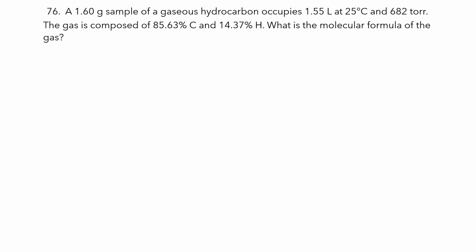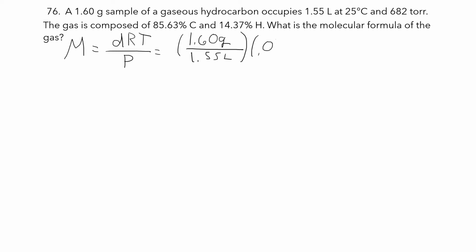So first thing, let's do the ideal gas law part of this, which told us that the molar mass is equal to the density times R times T over P. And the density of this gas is going to be 1.60 grams divided by 1.55 liters.